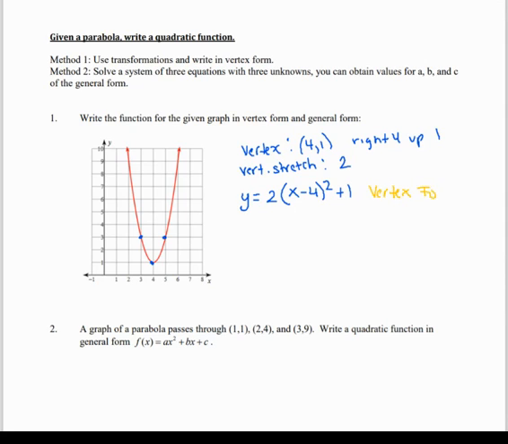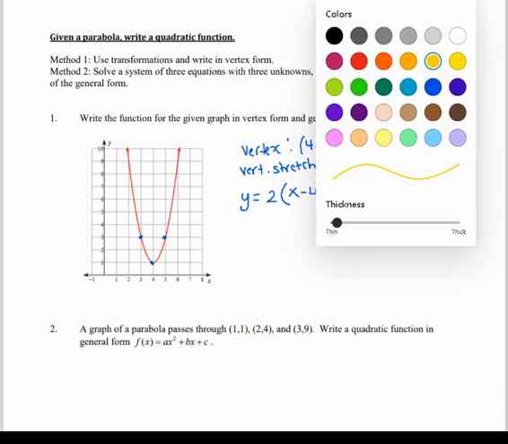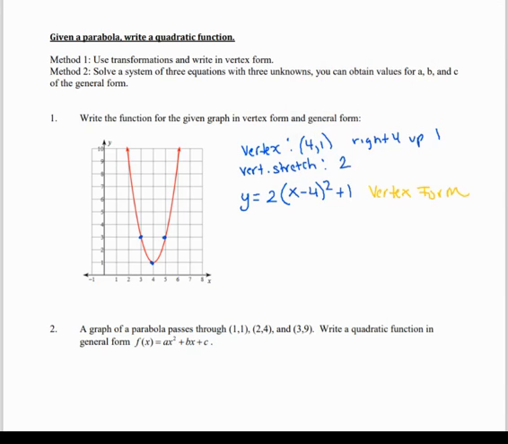Now it's asking me to write it in general form or standard form. So from there, I'm just going to rearrange this to general or standard form. I'm not going to start from scratch. So first thing I'll do is I'll FOIL. I'll have 2 times (x squared minus 8x plus 16).